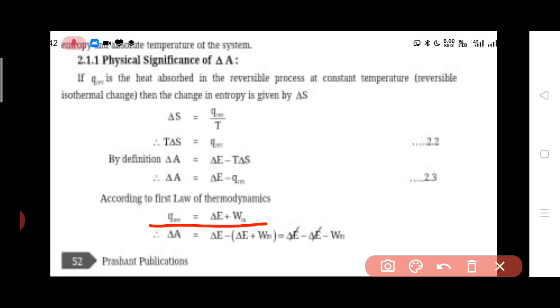We know the equation for delta A is equal to delta E minus T delta S. Here T delta S is equal to Q reversible. So we can write Q reversible in place of this T delta S. And we know the value of Q reversible, that is delta E plus W max.